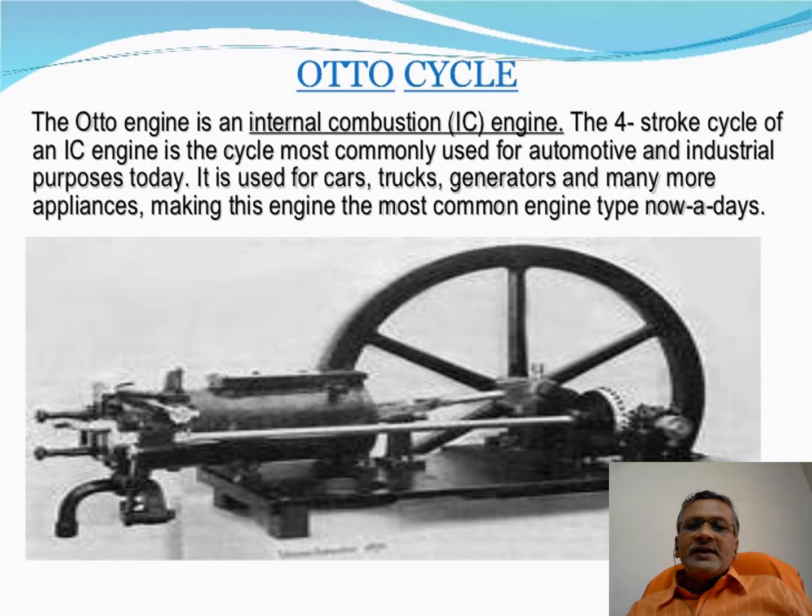The Otto engine is an internal combustion engine. The four-stroke cycle IC engine is the cycle most commonly used for automotive and industrial purposes today. It is used for cars, trucks, generators and many more appliances, making this the most common engine type nowadays.